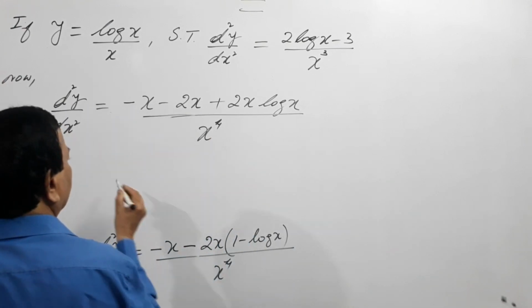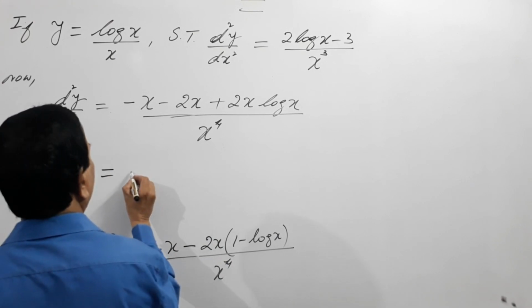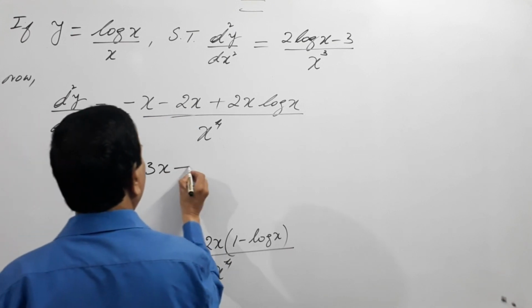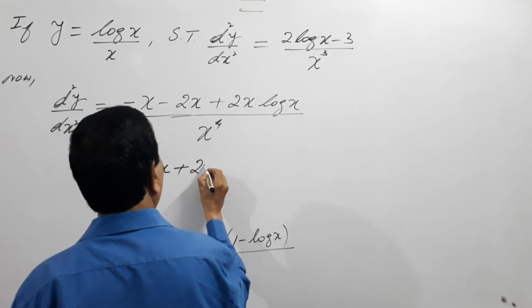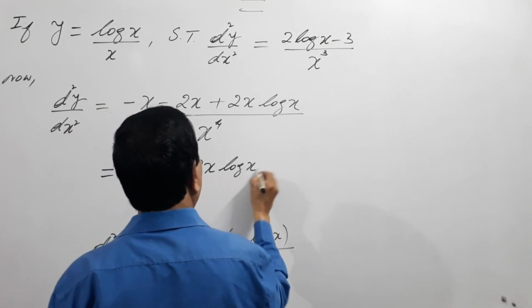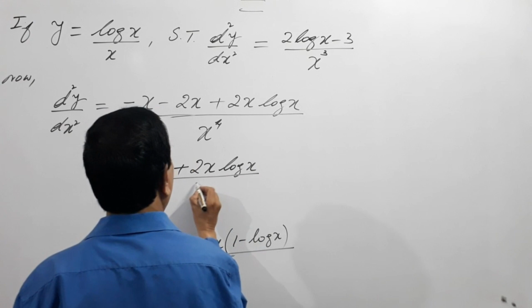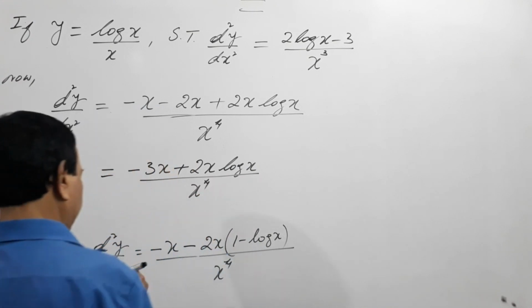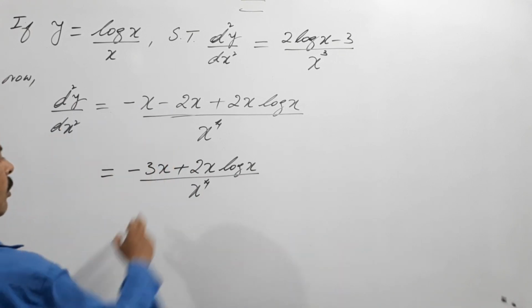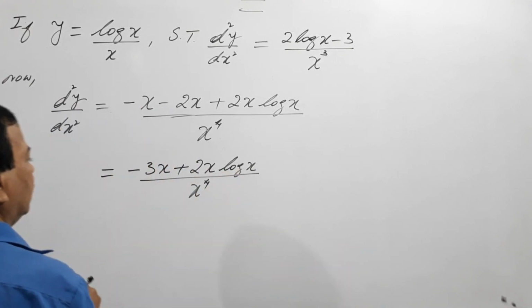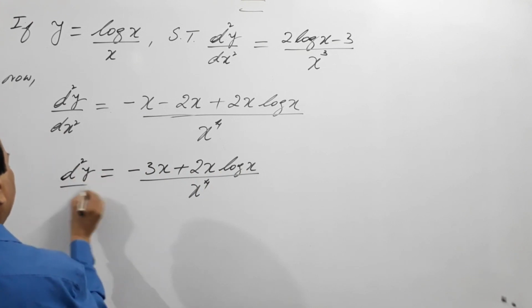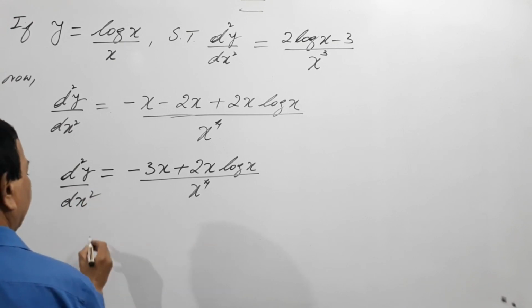So what happens here? This equals minus x minus 2x is minus 3x, plus 2x log x, by x to the power of 4. What is common among this? x is common. I will take x common in this d square y by dx square.